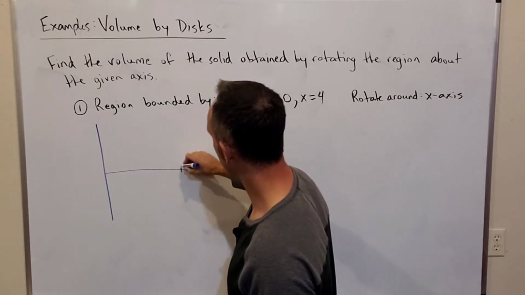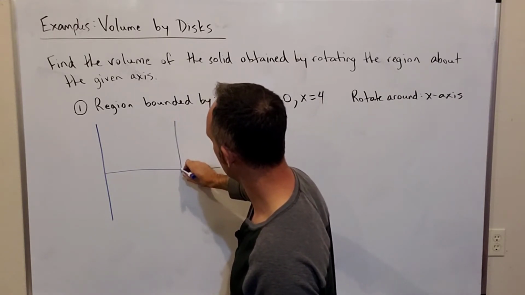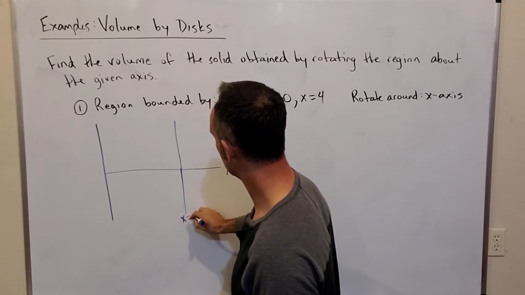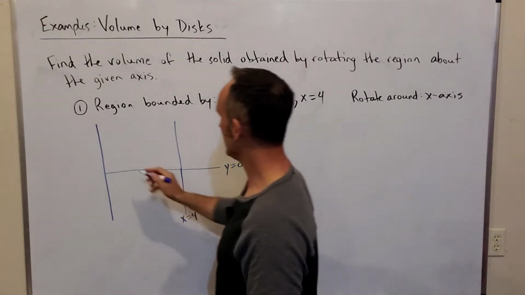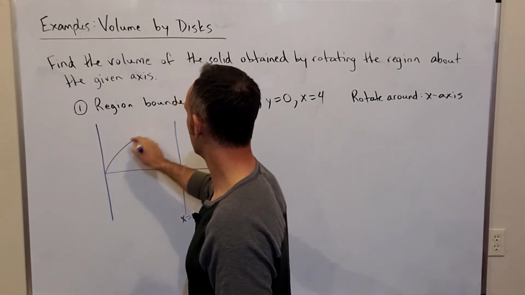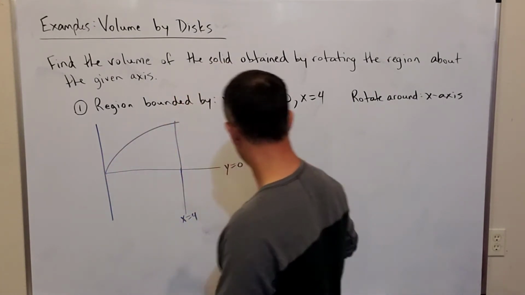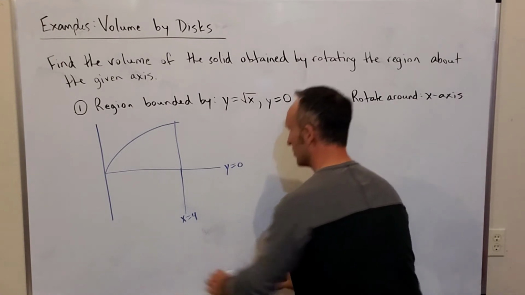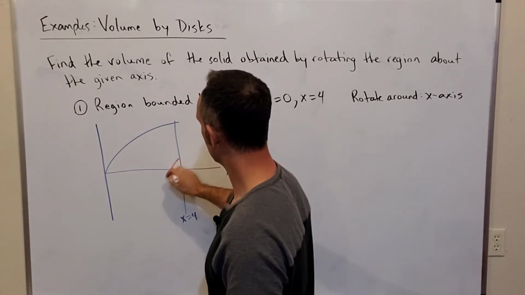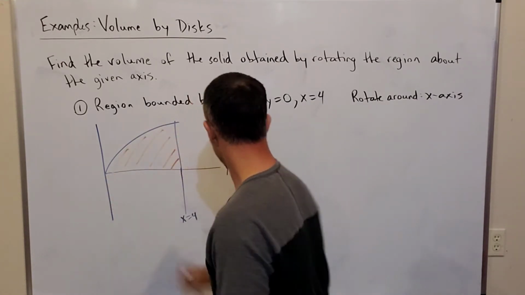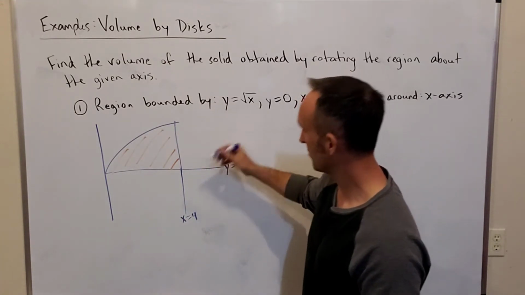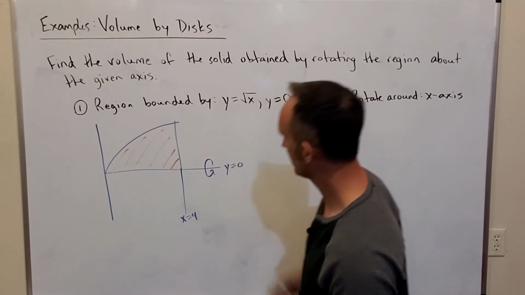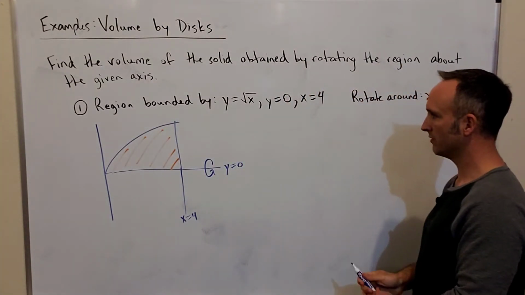We need the x equals 4 line, which is this line here, right? We need the curve y equals the square root of x, which looks something like this. And so the region that we're rotating is this region here. And we're rotating it about the x-axis, which happens to be the line y equals 0, okay?